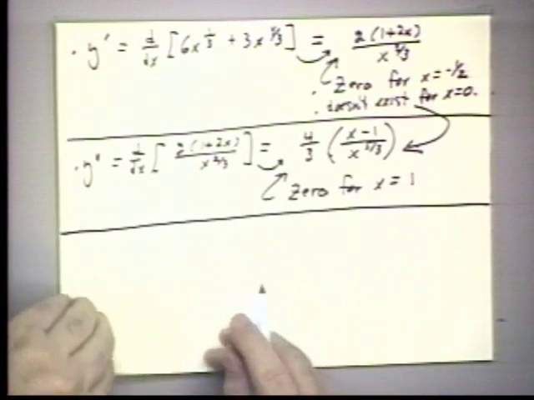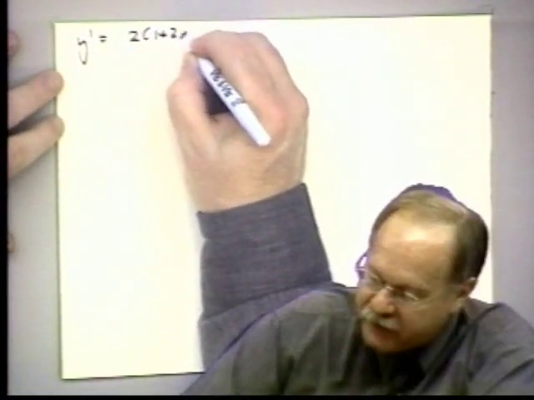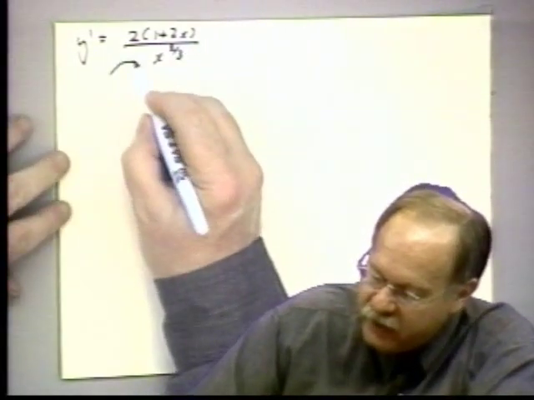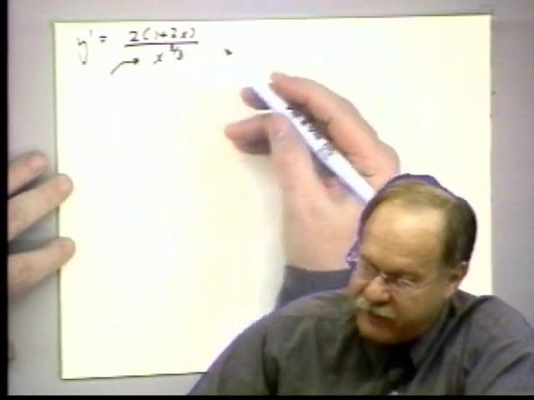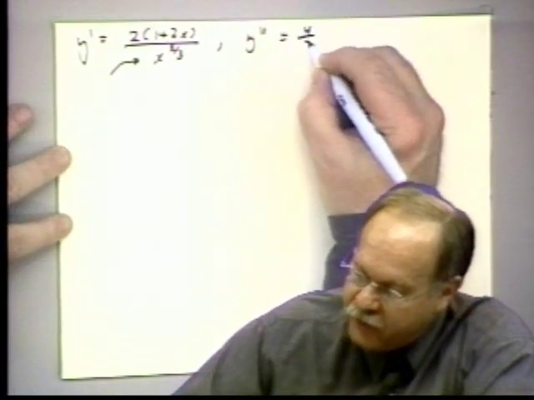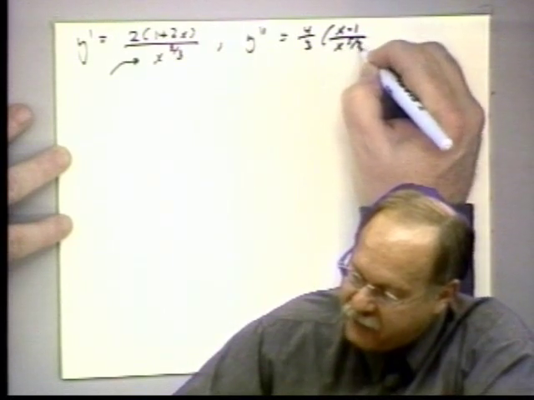Okay, now it's time for a chart. So our first derivative, 2 times 1 plus 2x over x to the 2/3. And notice that the bottom here is always positive, so that will not affect the plus or minus sign of the first derivative. The second derivative is 4/3 x minus 1 over x to the 5/3.